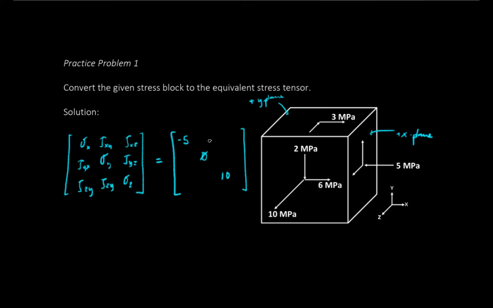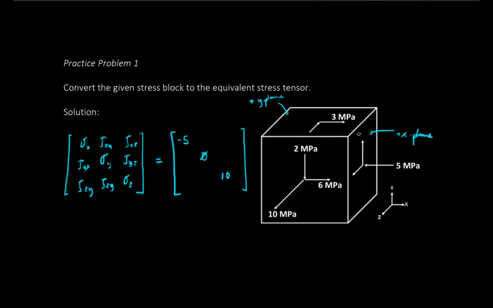Let's start with tau xy or tau yx, which again are equal values. Let's look at the x plane moving in the y direction, which is this value over here, which is also equal to this value over here.